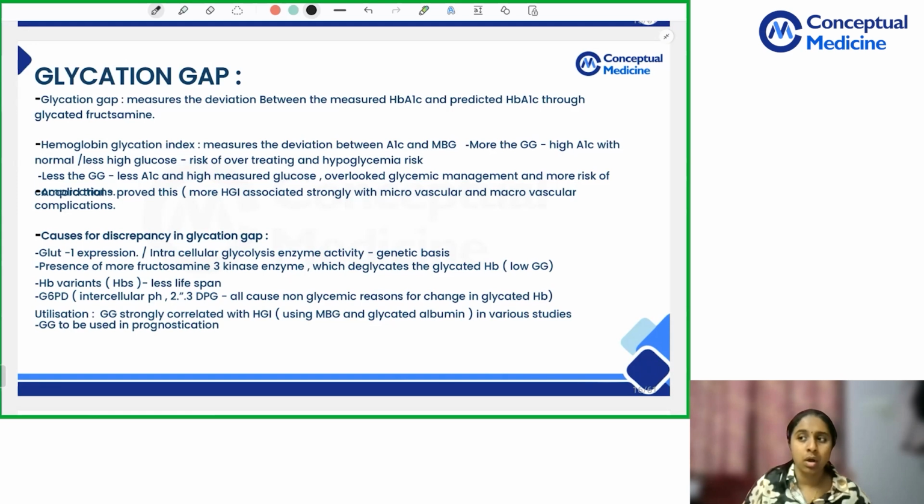Based on the DCCT trial, what they did is they tried to standardize HbA1c with the HPLC technique. These labs should be in tie-up with a higher center where they are utilizing HPLC, and frequently an external audit has to be done. External quality control is what we generally say.